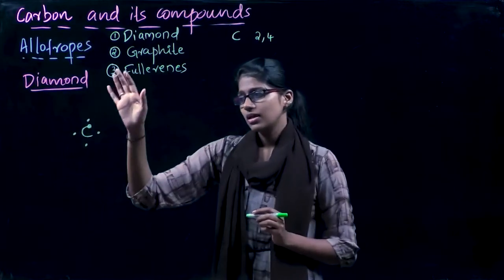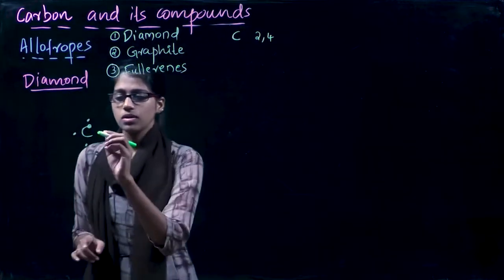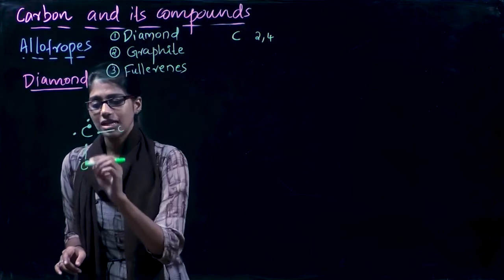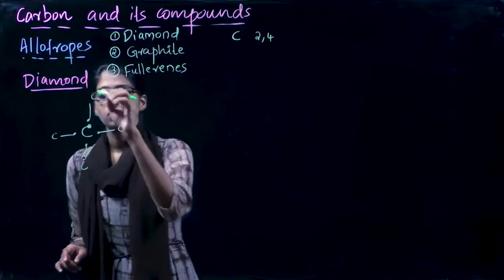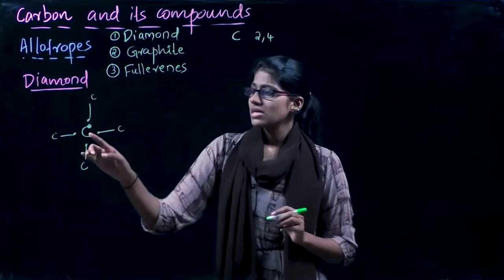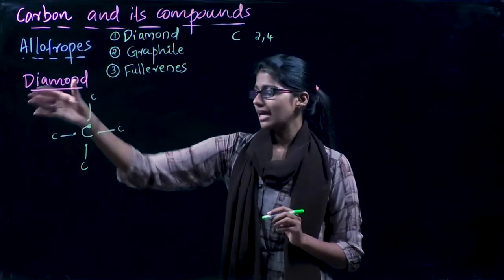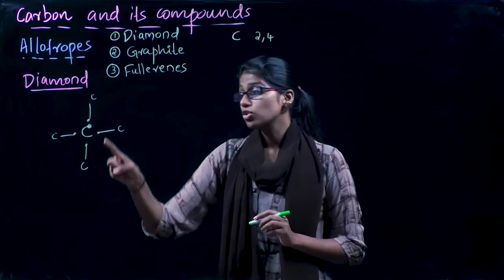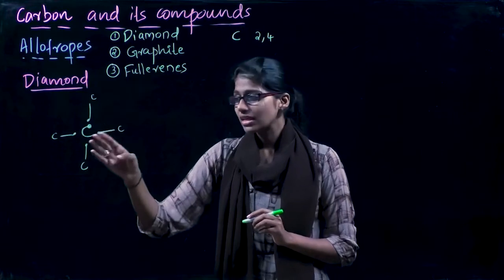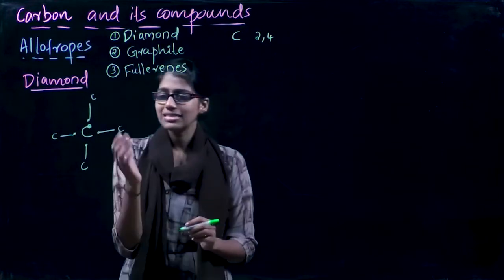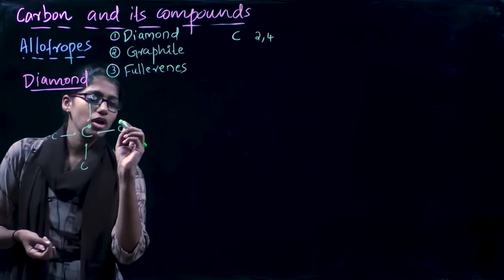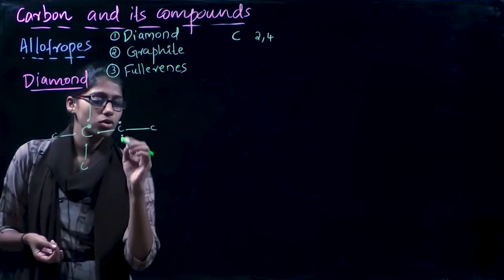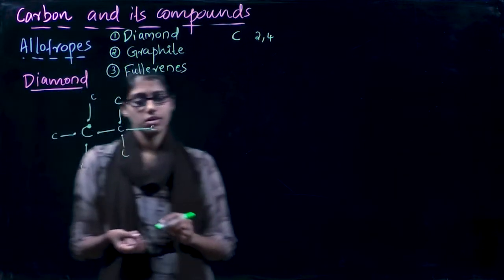And in diamond, it is observed that each carbon is tetrahedrally bonded to 4 other carbon. And therefore, when you consider diamond, each carbon has no free electrons as 4 electrons are taking part in bonding. Let's consider the neighboring carbon. Again, you have 4 electrons and they are also bonded to 4 different carbon.